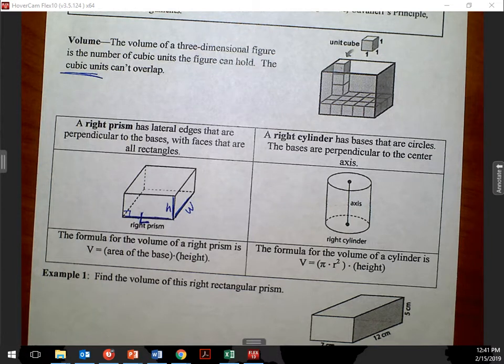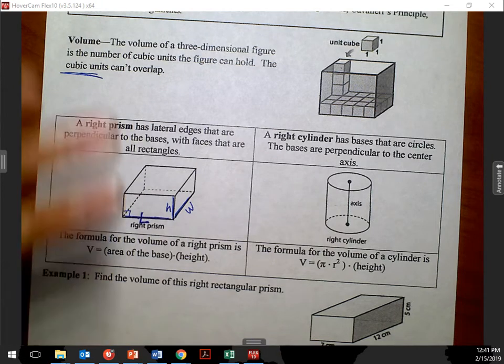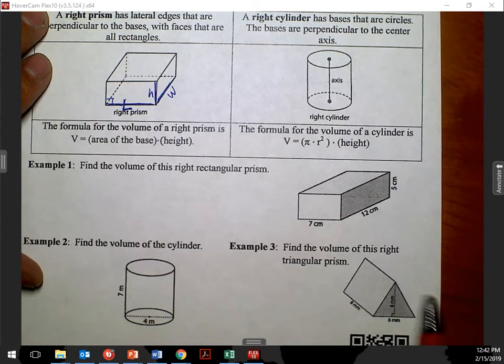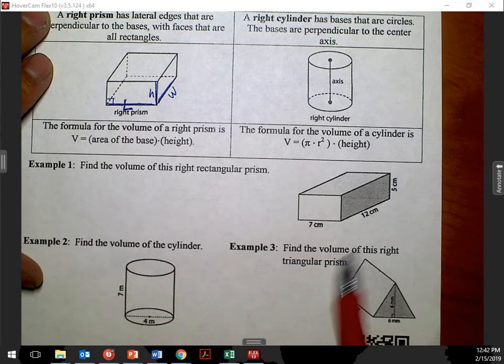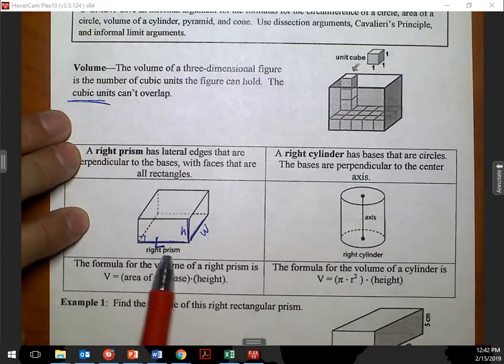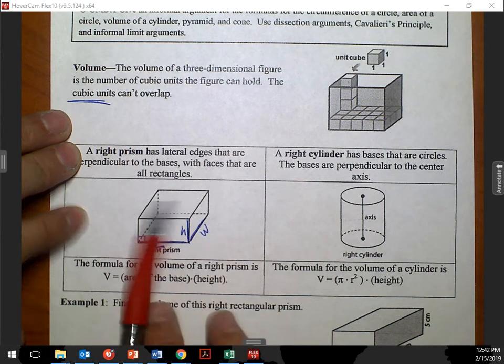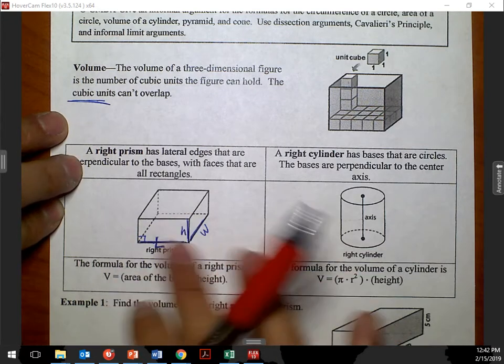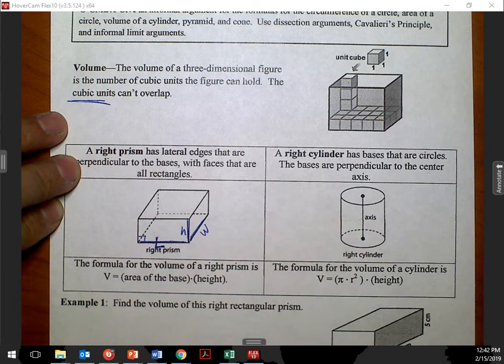That's basically it, but this goes for all kinds of different shapes. Example 3 is also a prism, but this one is triangular. You're going to find the area of the base. On this one my base is a rectangle, that's why we call it a rectangular prism. So for this one, length, width, height.